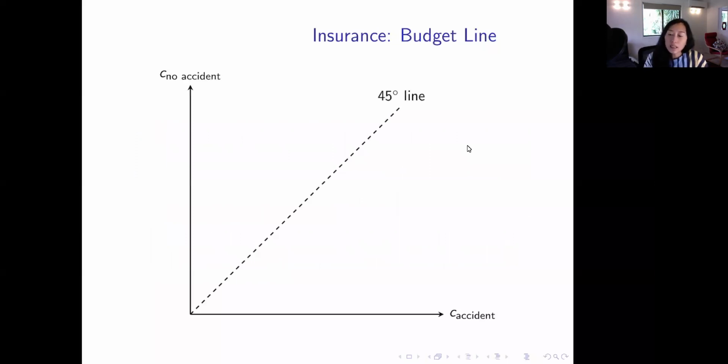So let's look at the state contingent consumption. We have C1, the consumption when there is an accident, and C2, the consumption in state two when there is no accident. The 45-degree line represents C1 equal to C2, where the wealth in both states is the same, so there is certainty.